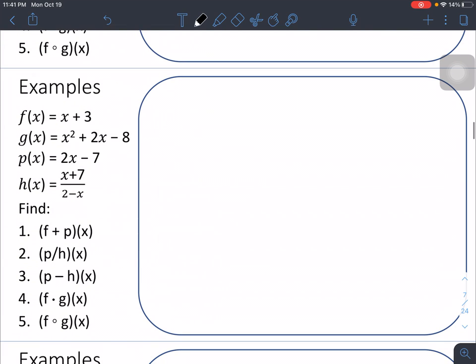Next one, let us try p divided by h function. We just need to divide the p function by the h function. So this will be the p function, which is 2x minus 7, over the h function, which is x plus 7 over 2 minus x.